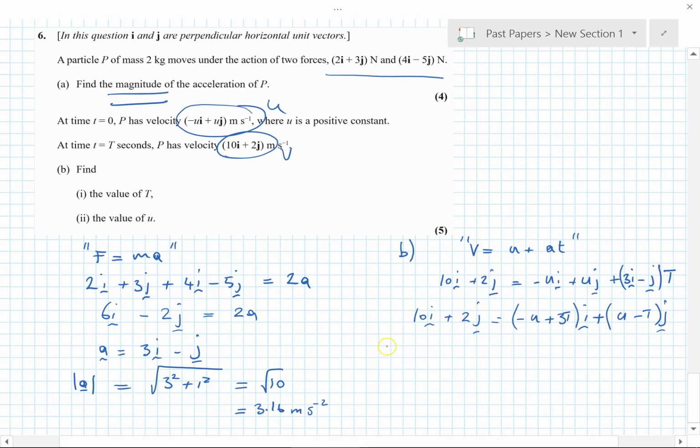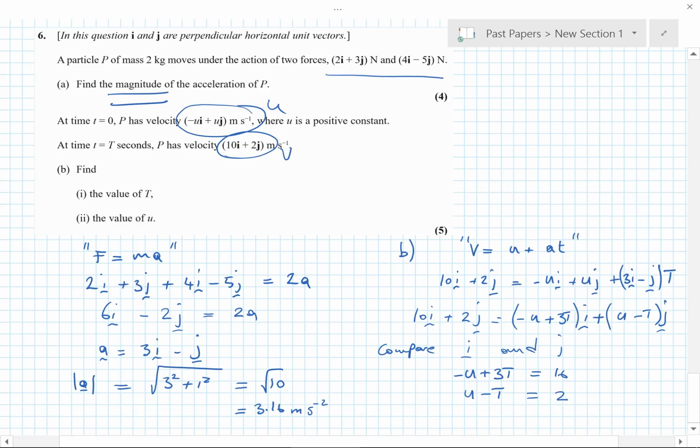Right, so now we can compare I and J, because if they're equal, the I and J components have to be equal. So we have minus U plus 3T equals 10, and U minus T equals 2.